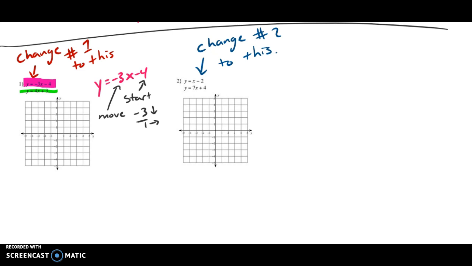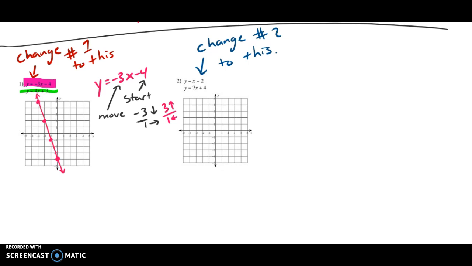So I'm going to put a dot on -4. Since I can't go down 3 anymore, I'm going to do the opposite and go up 3 to the left 1. So 1, 2, 3. I'm going to keep going. Now with the ruler you can connect them.